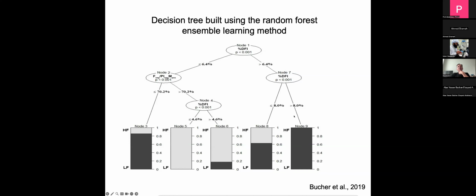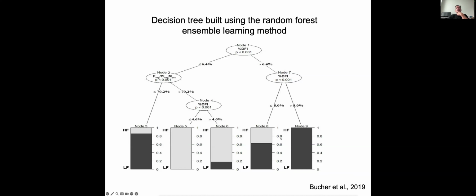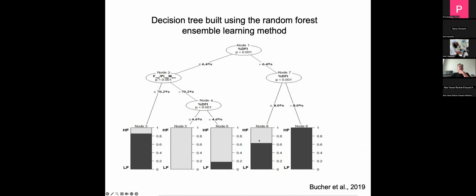And if they had a higher DNA damage, more than 8%, all the bulls were low fertile. These are the dark bars. And if they were between 6.4 and 8%, about 70% of the bulls were low fertile.